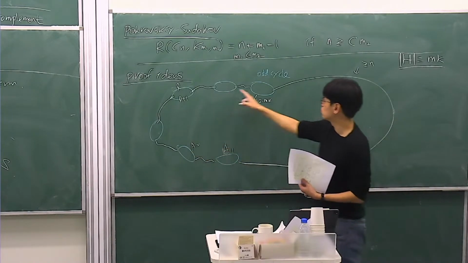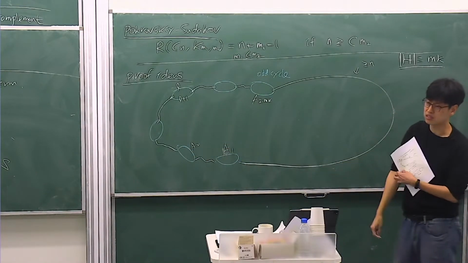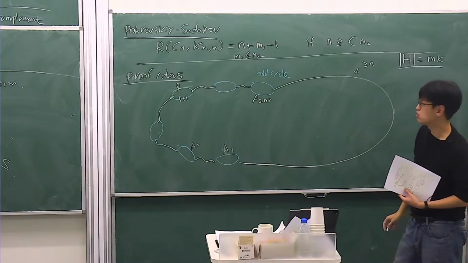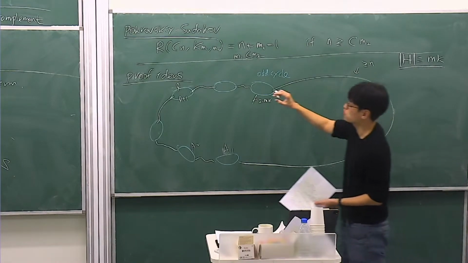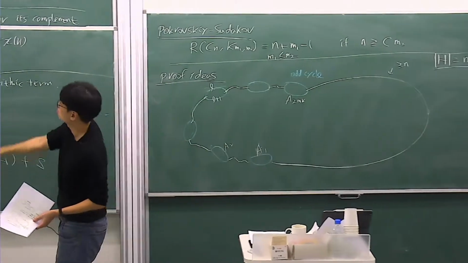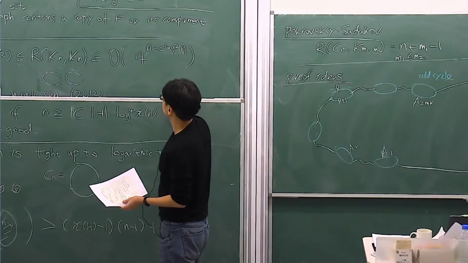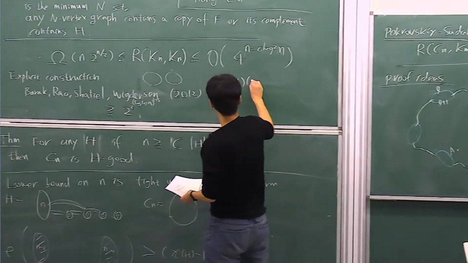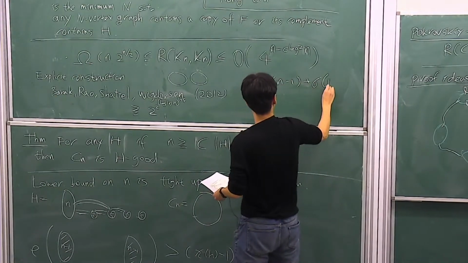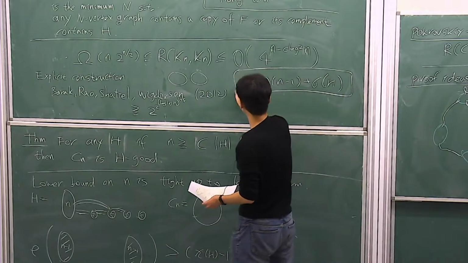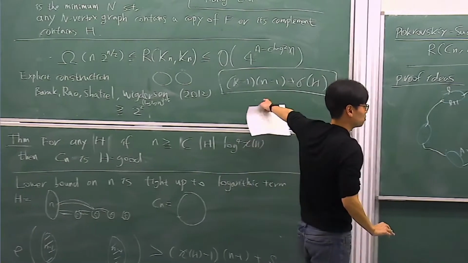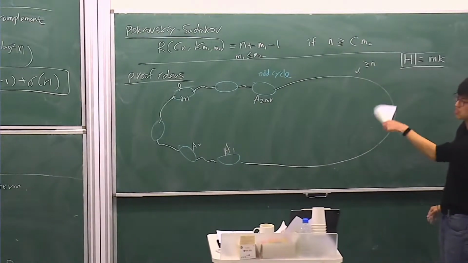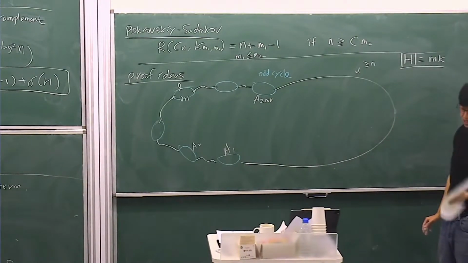So what we want to do is build this. Once we have this, we assume we have a graph with k minus 1 times m minus 1 plus sigma of H vertices, which doesn't contain H in its complement and which doesn't contain Cn in its graph.